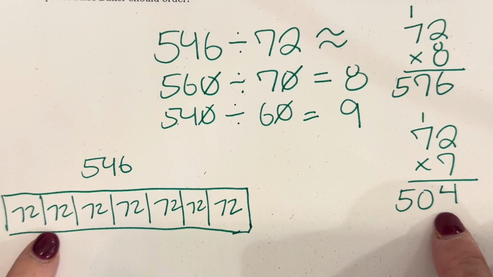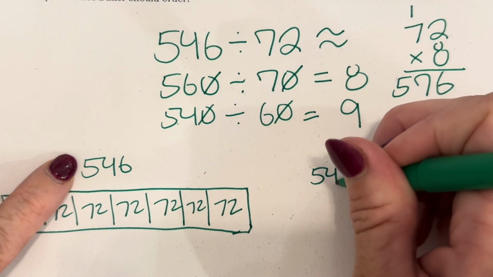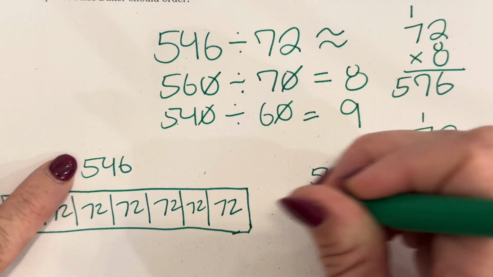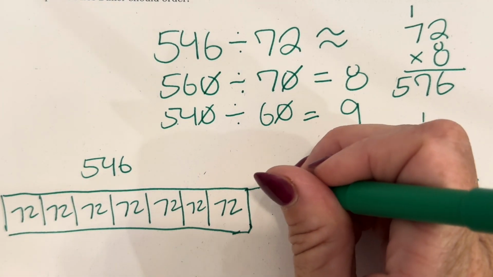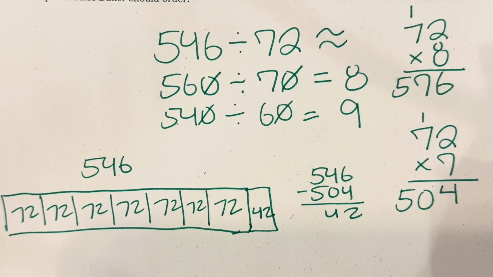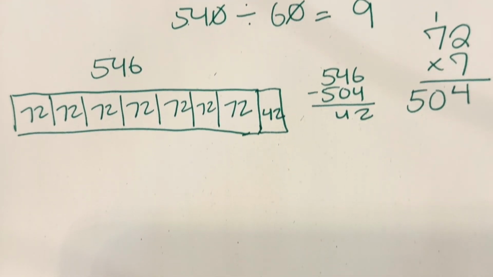But that's only going to add up to be 504. And we have 546. So I am missing 42 pencils. So we need one more group with 42. Okay, so this is what my tape diagram would look like.